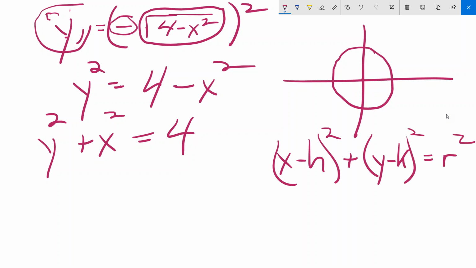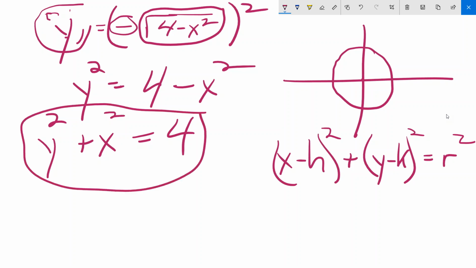Are you familiar with that? Yeah. Okay. And r is the radius. So r squared in this case is 4.